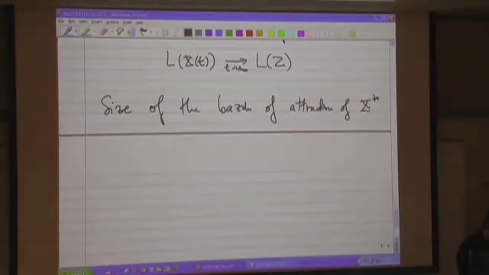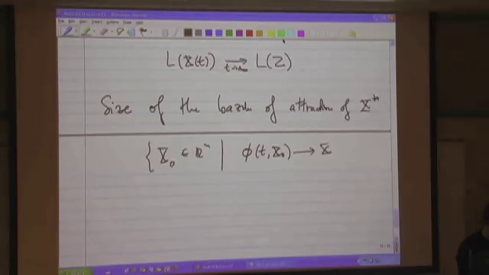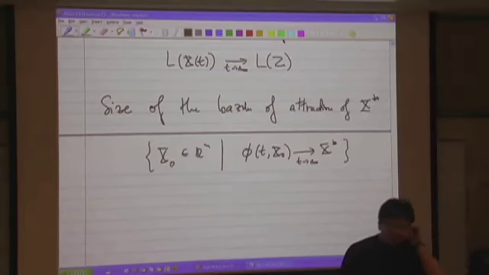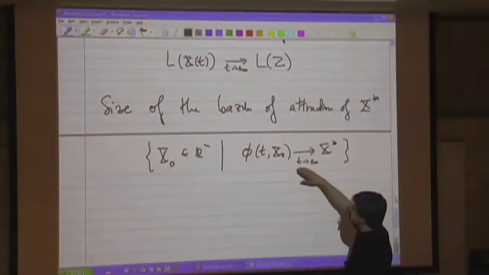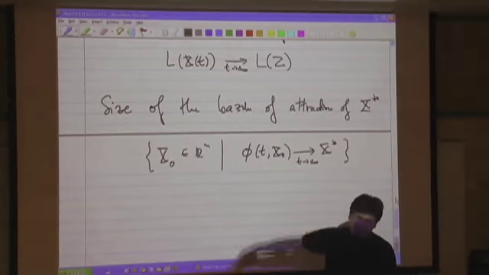The basin of attraction is the set of all initial conditions such that the solution, as t goes to infinity, approaches this point. It's very good to be able to say something in words and write it down, because you can trace things better. That's all the basin of attraction is.